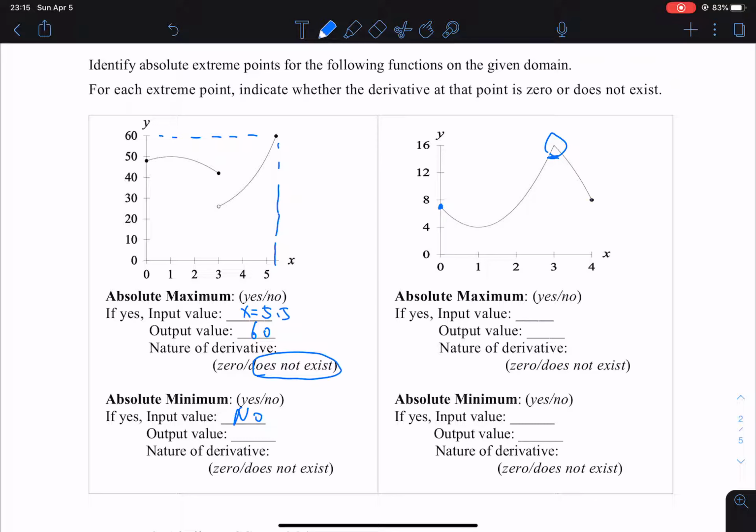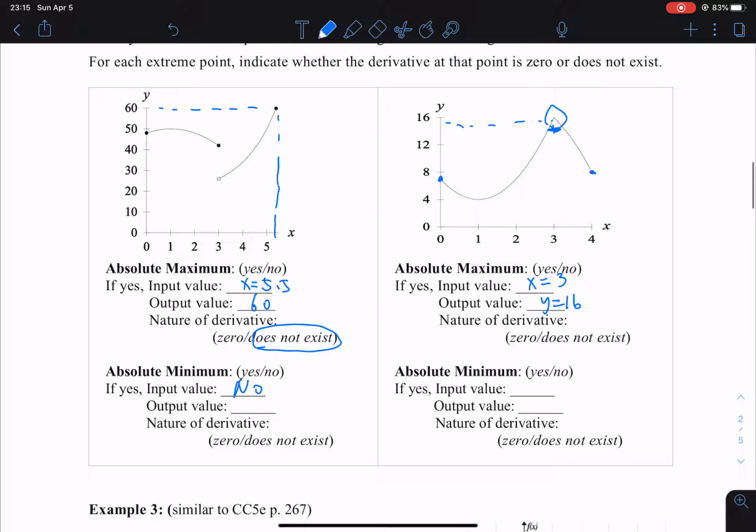So now we have 3 players, and we are looking for the point that is the highest, that means higher than any other one. If you compare these 3 options, then this is the winner. So the absolute maximum input value is x equals 3, and the corresponding output value is y equals 60.